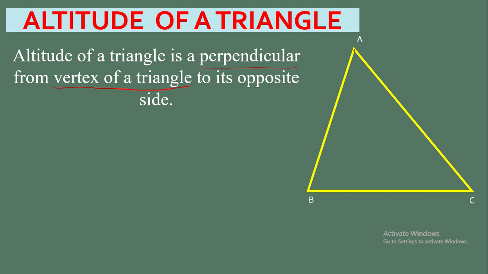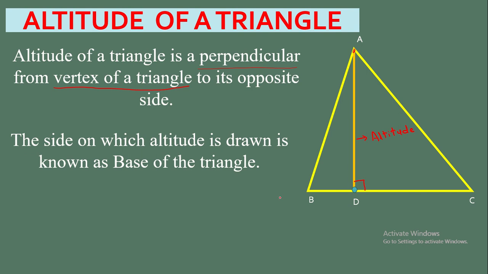Just like here we have this vertex A and its opposite side is BC. So we draw a perpendicular from vertex A to the opposite side BC. For example, it intersects BC at D. So this AD becomes the altitude, since it is a perpendicular drawn from vertex A to the opposite side BC.